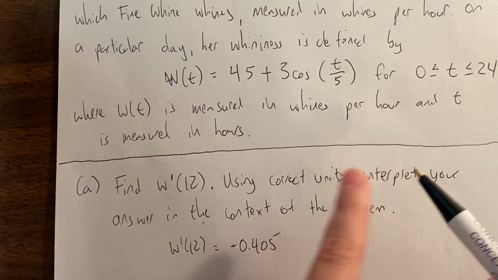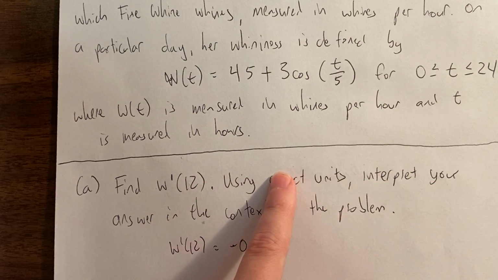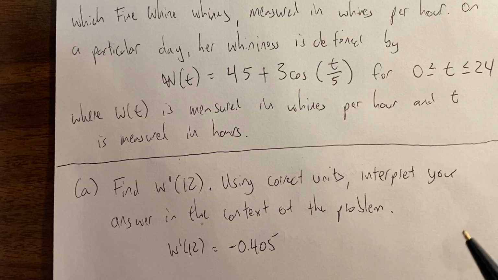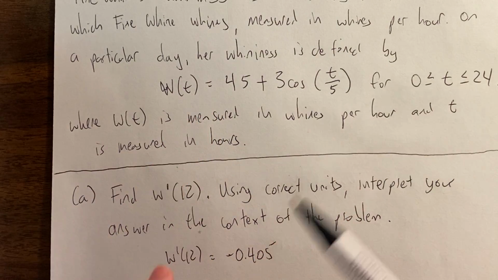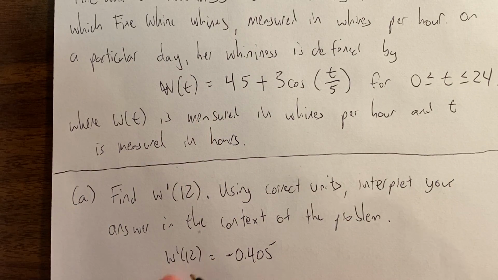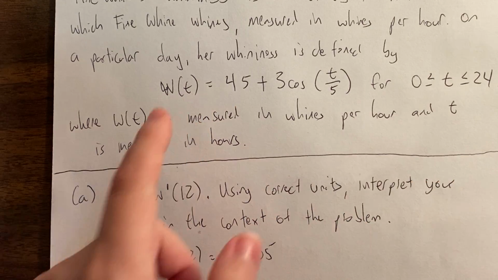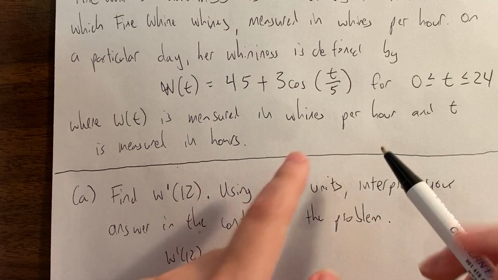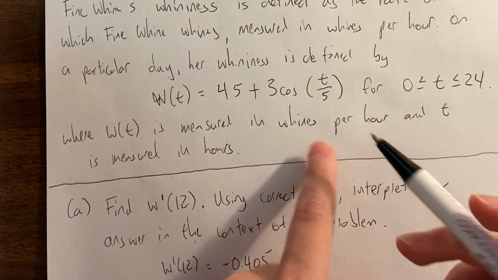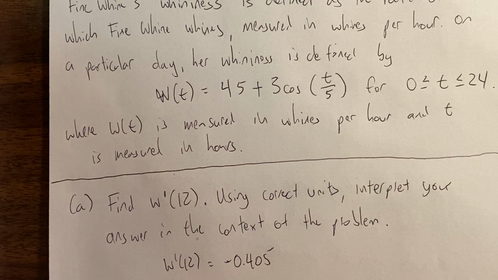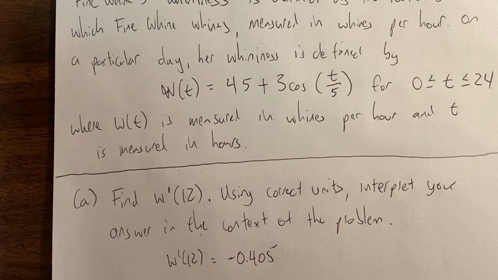And then acceleration is the derivative of velocity, so we divide by another time, so it's meters per second squared. So in this case, if we want to write the units of W prime, we want to find the units of W and then divide it by the same time period. W is measured in whines per hour, so W prime of 12 will be whines per hour per hour, or if you want to say whines per hour squared.